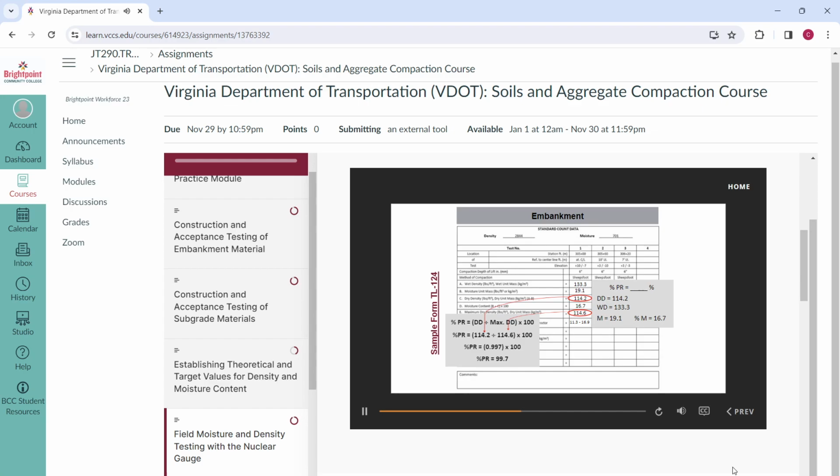When we divide those and multiply by 100, our answer comes out to 99.7%. Because we are dealing with embankment, the minimum allowable density is 95% of the theoretical maximum dry density.